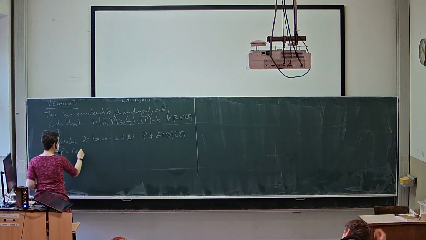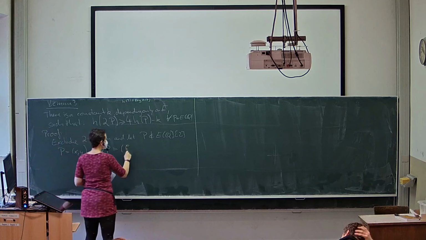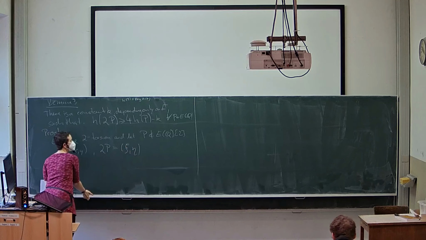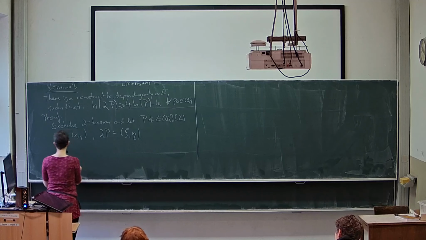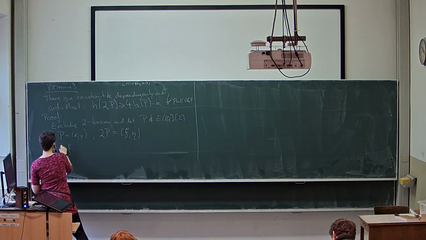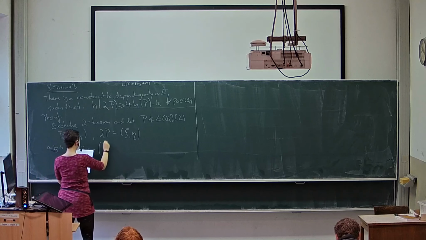So let P be (x, y) and 2P be (zeta, eta). And then our formula for doubling a point gives the following.